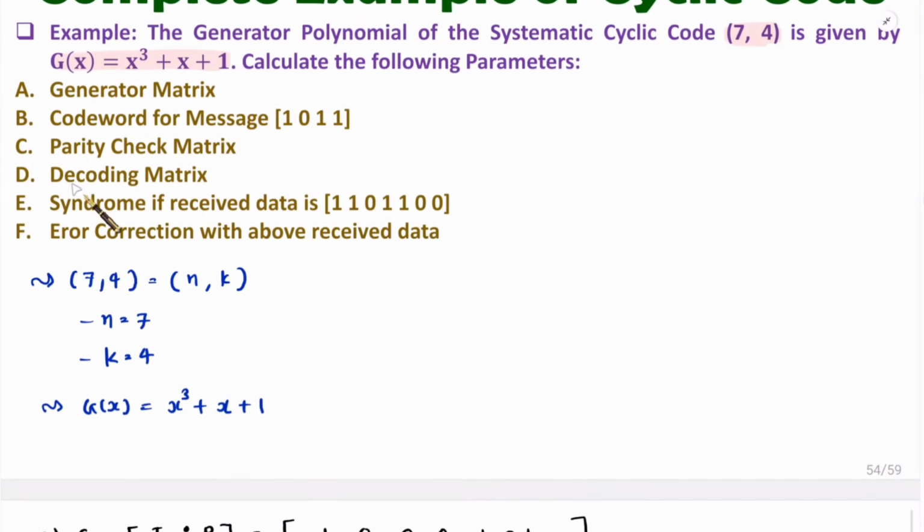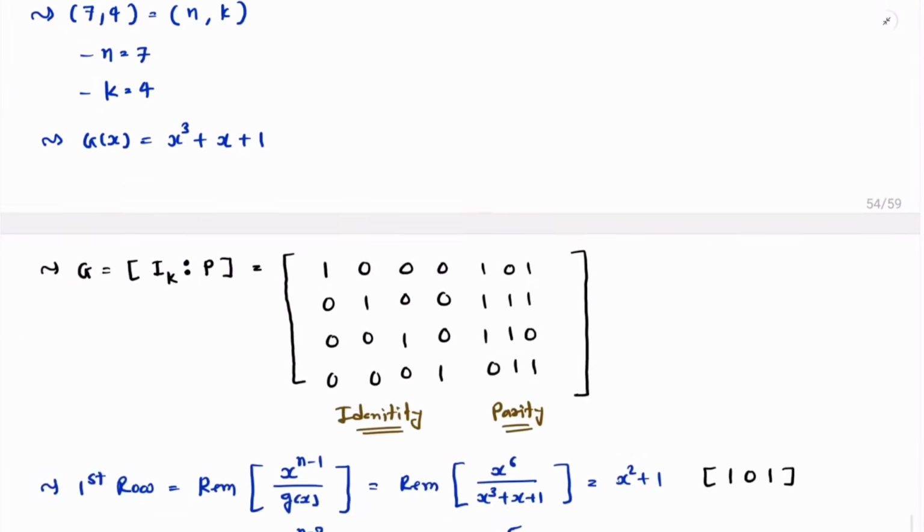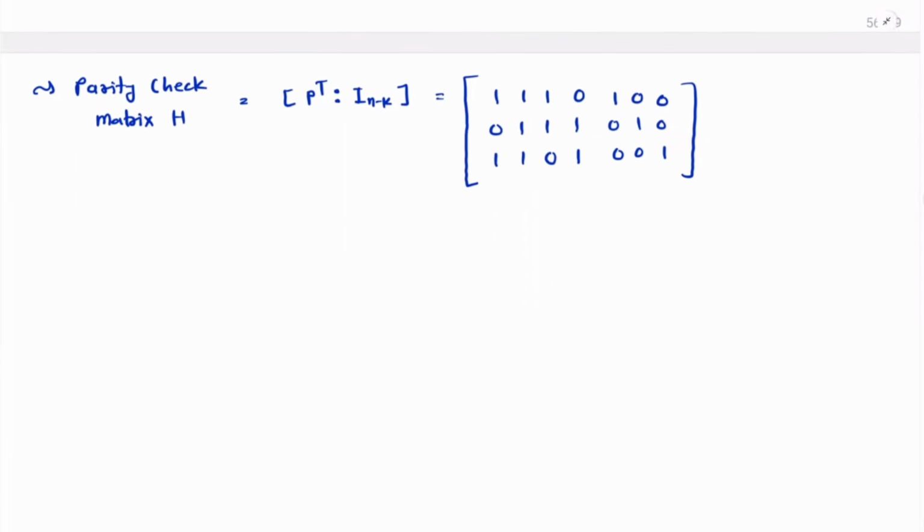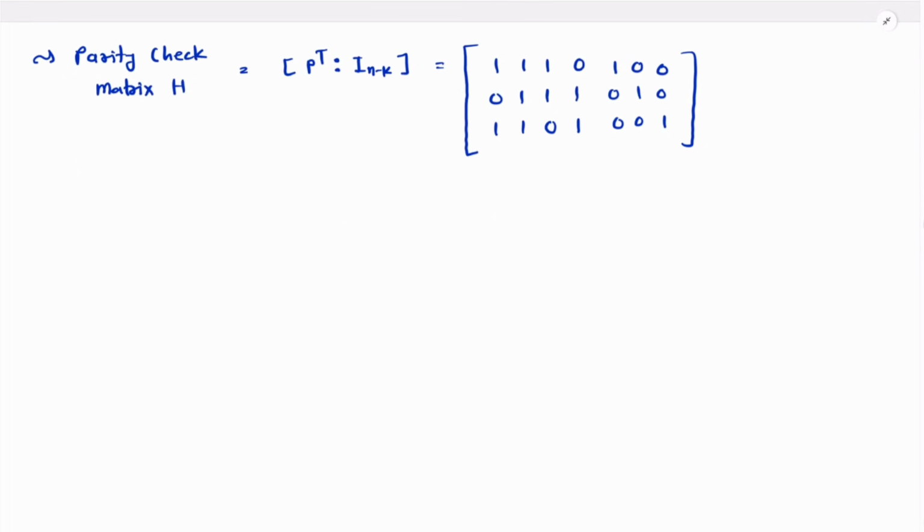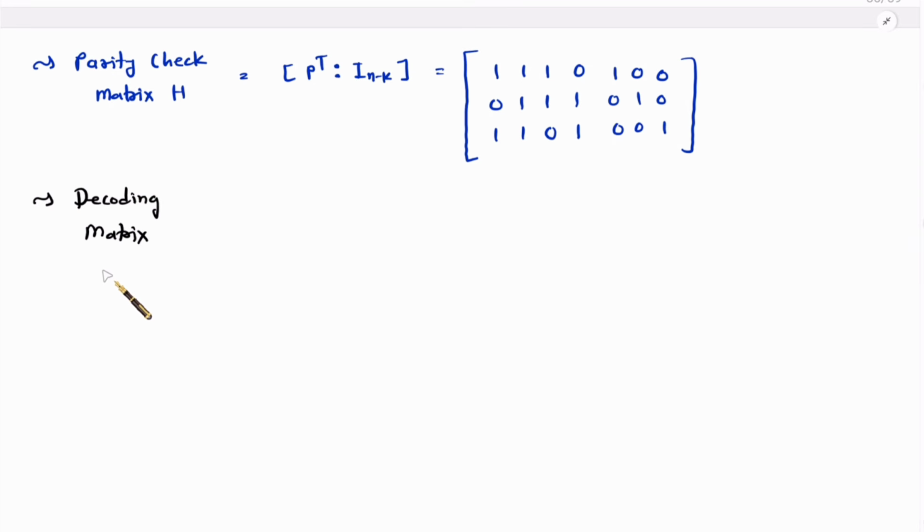Now let me explain next parameter. See, here in next parameter we need to understand decoding matrix. This is quite interesting. Let me explain that. See, decoding matrix, that is based on parity check matrix only. See, decoding matrix, that one can understand based on H transpose. So here, what is H transpose? This is H matrix. So with H transpose, we need to convert rows into column. So this first row, now that will be first column.